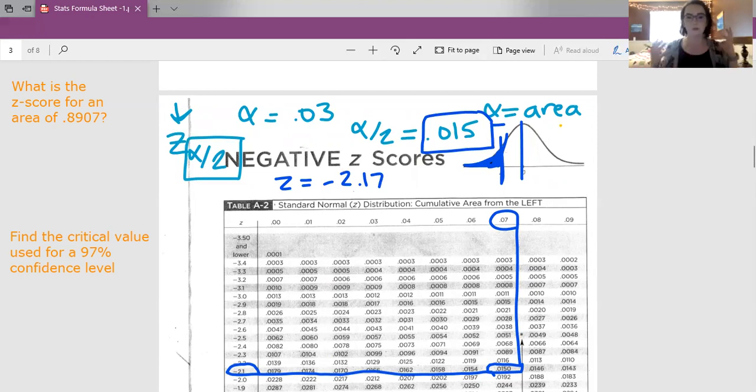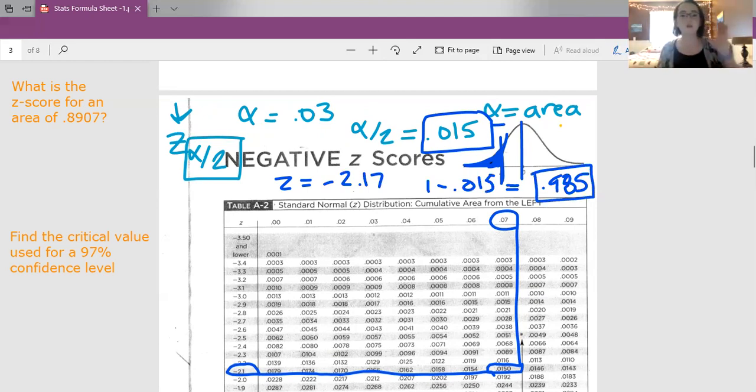You can do this trick basically anywhere: 1 minus the area that you have. Okay, so we're going to find that. 1 minus 0.015, and we get 0.985.